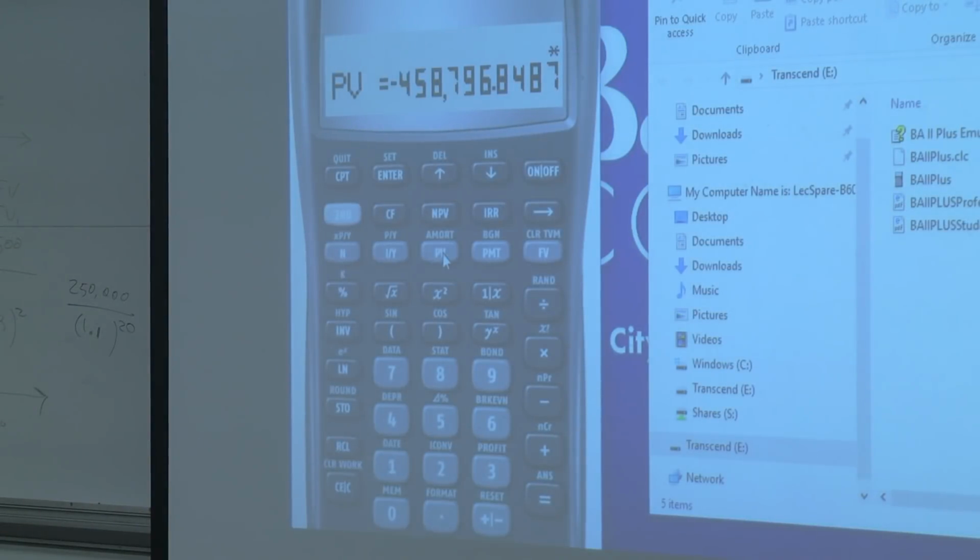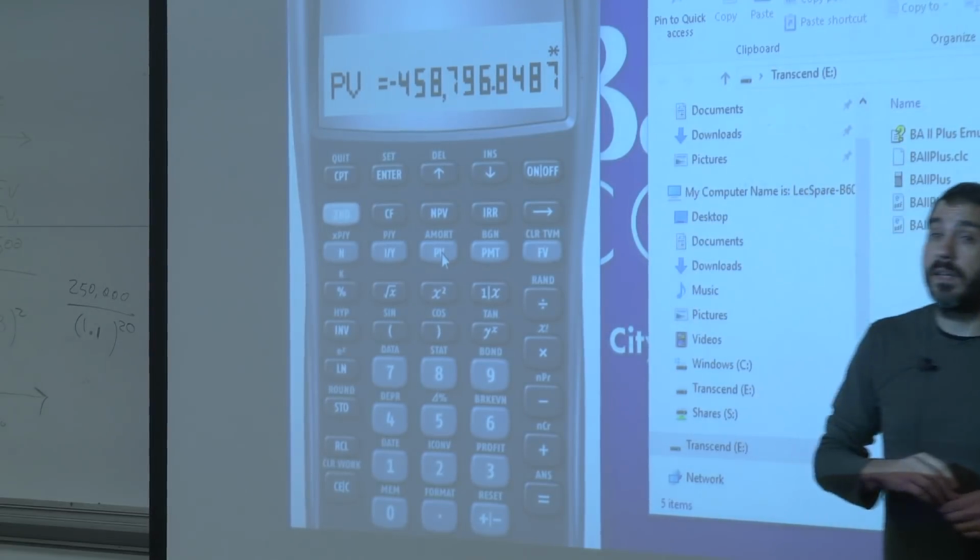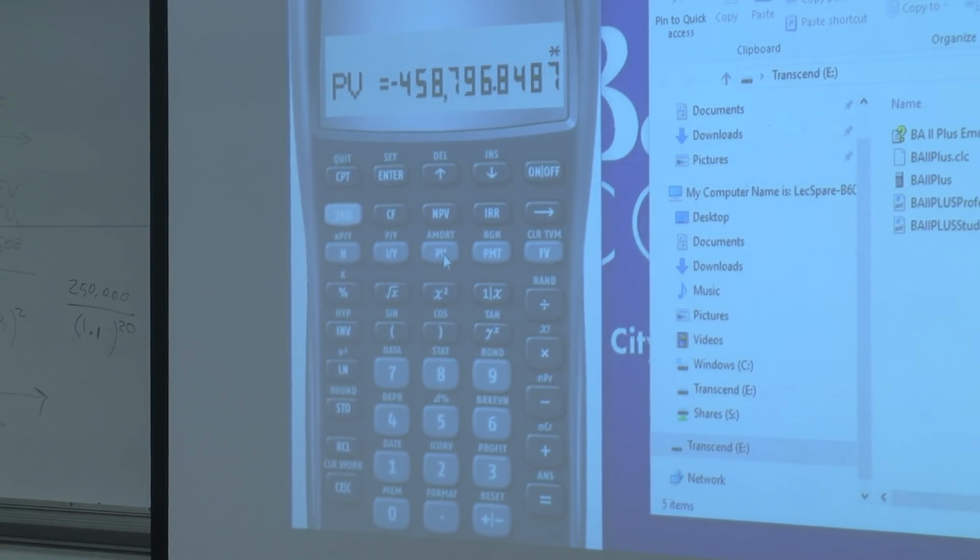So you need $458,796 to be able to fund from there $40,000 withdrawals for 20 years.